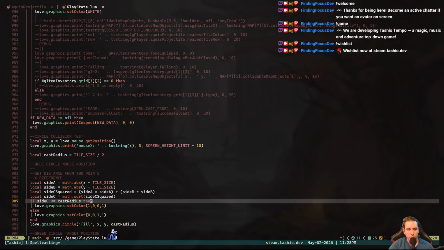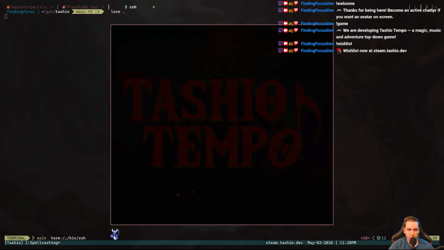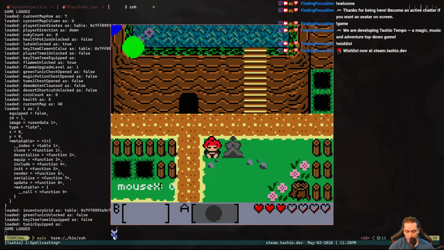So when we go to do this, side C has to be under or equal to 2 times the radius. Yeah. That's looking like it. That's looking like circle collision.